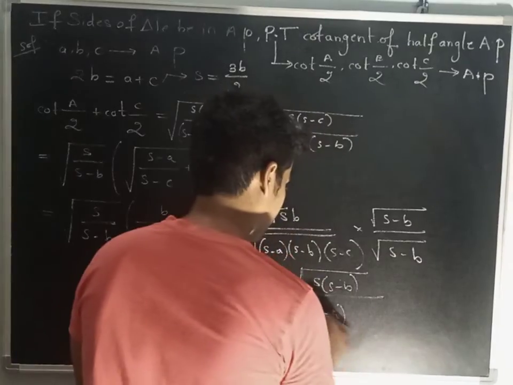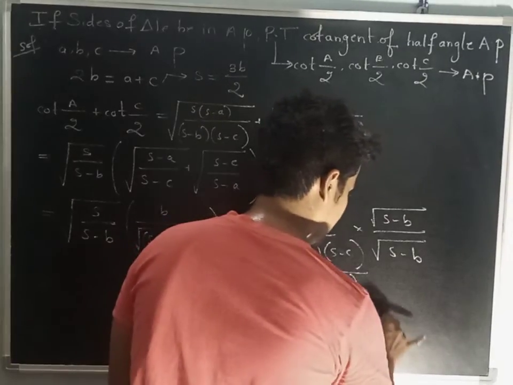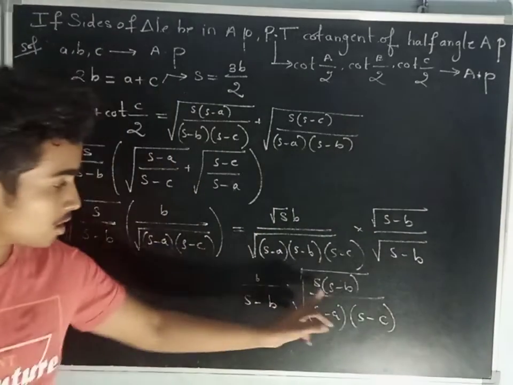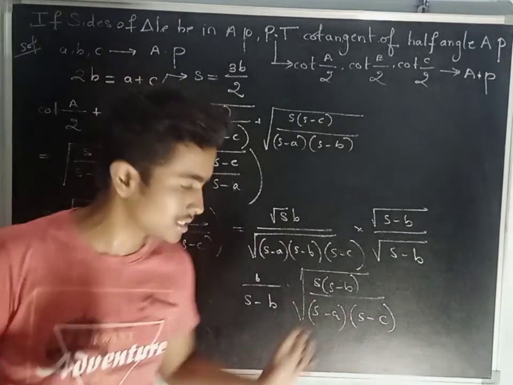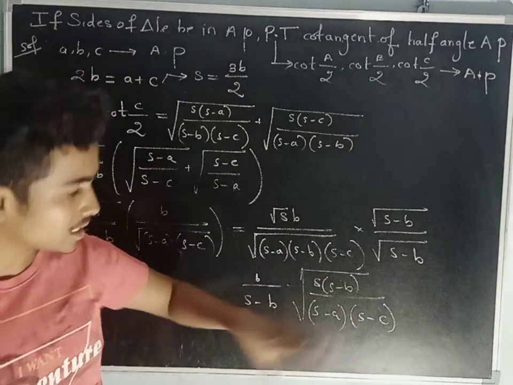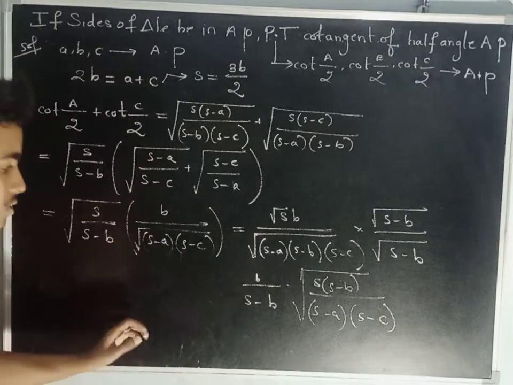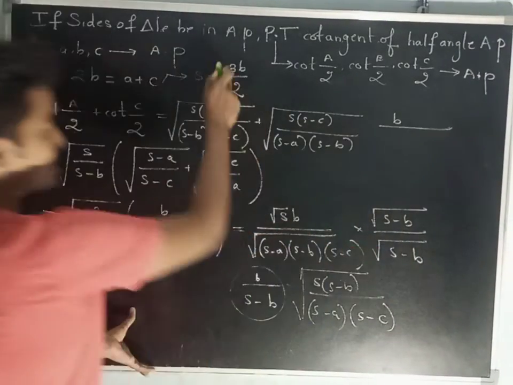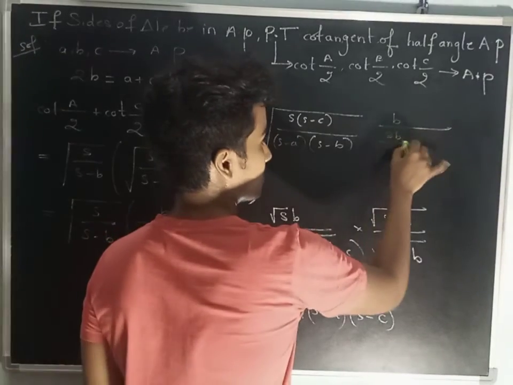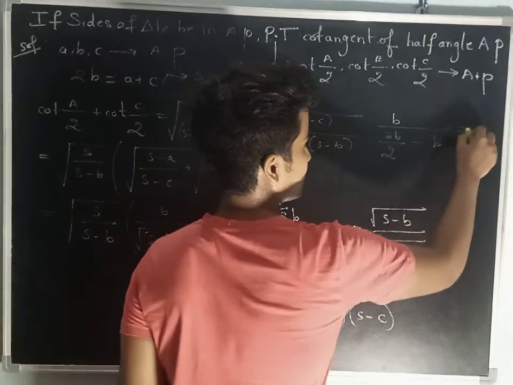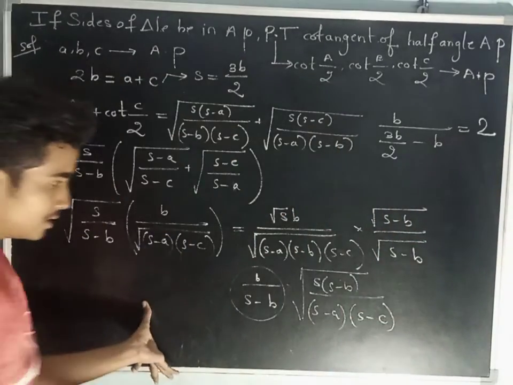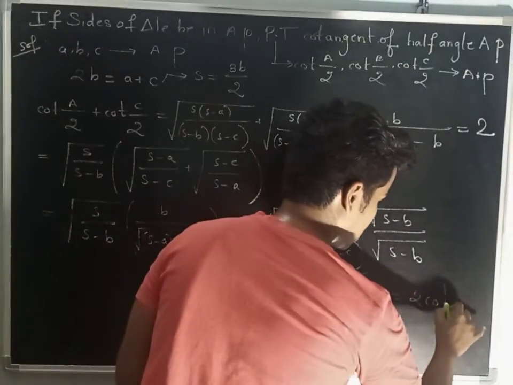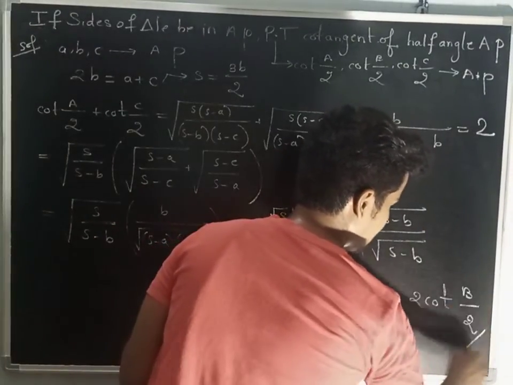Then I get b/(s - b) into root of s(s - b) by (s - a)(s - c), which is the direct form of cot B/2. Now b/(s - b): s is 3b/2, so 3b/2 minus b is b/2, and b divided by b/2 is 2. So it is 2 cot B/2.